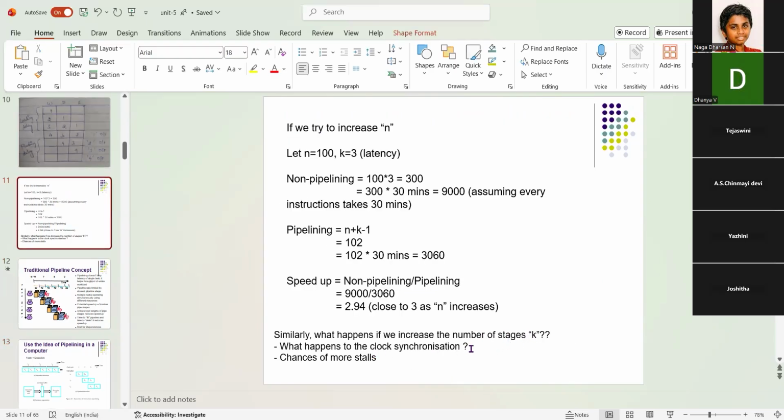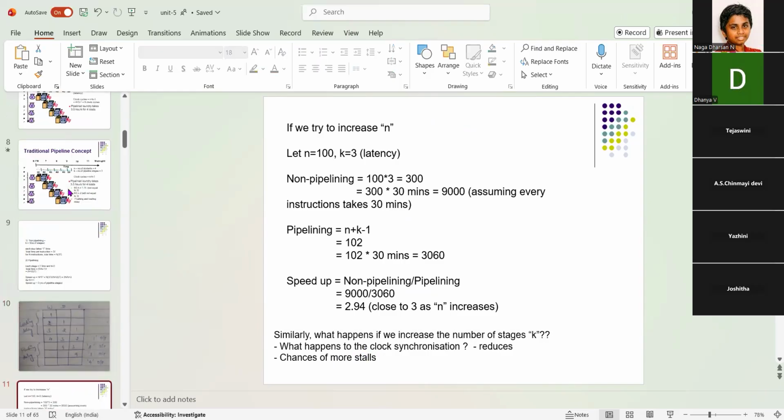It reduces, and there are chances of more stalls. So you need to think about what number of stages we can go up to such that it doesn't decrease our clock synchronization. That is the whole point of how we design an architecture so that we can implement pipelining. There are more stalls, so we'll discuss what exactly stalls are.